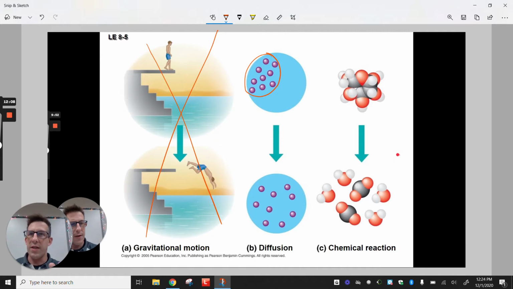When you are really close to somebody in a pandemic, or let's not go pandemic, let's just talk about an elevator. Let's say we are in an elevator and we are packed in there to capacity. We got the most people in that elevator that we can have, right? That would represent what we see going on here with these food dyes, okay? Each one of those little food dyes would be like a person in an elevator.